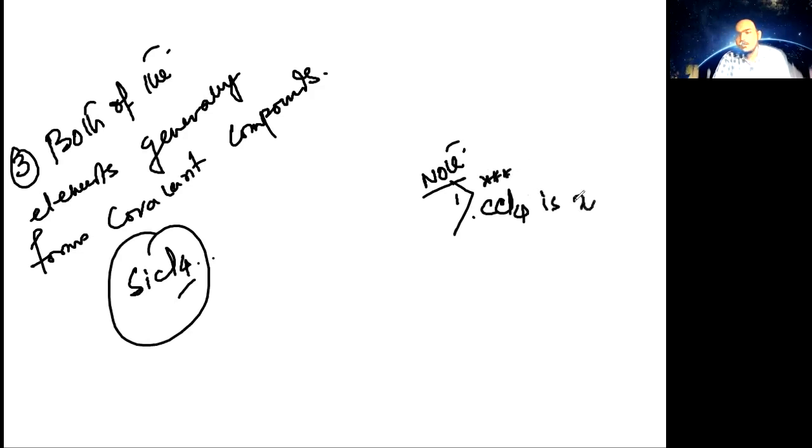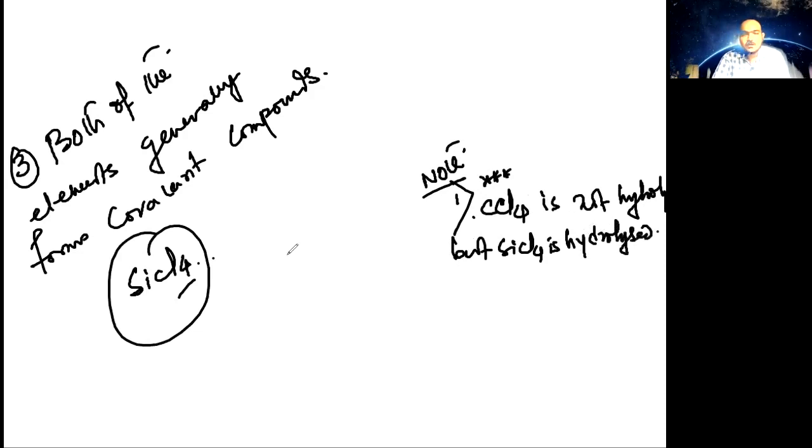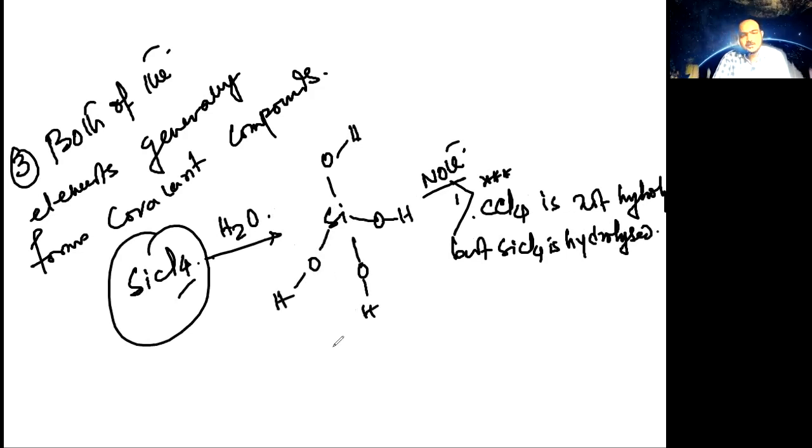CCl4 is not hydrolyzed, but SiCl4 is hydrolyzed. Why? Because whenever you give SiCl4 in H2O, this will produce Si(OH)4, orthosilicic acid. But CCl4 with H2O, no reaction.